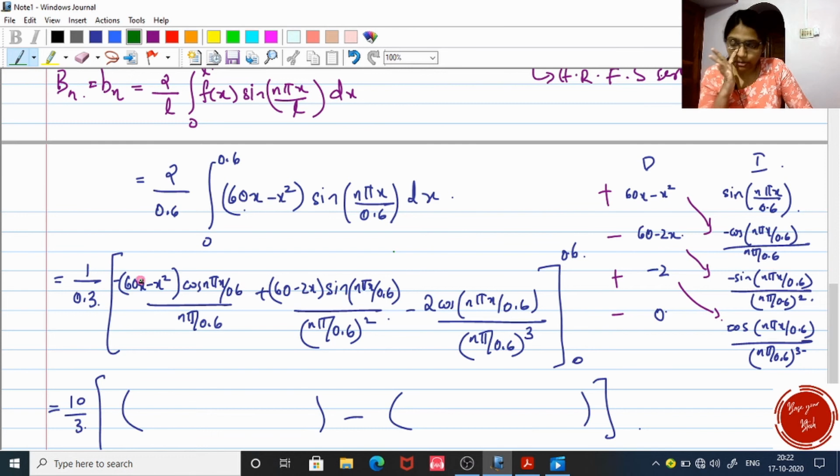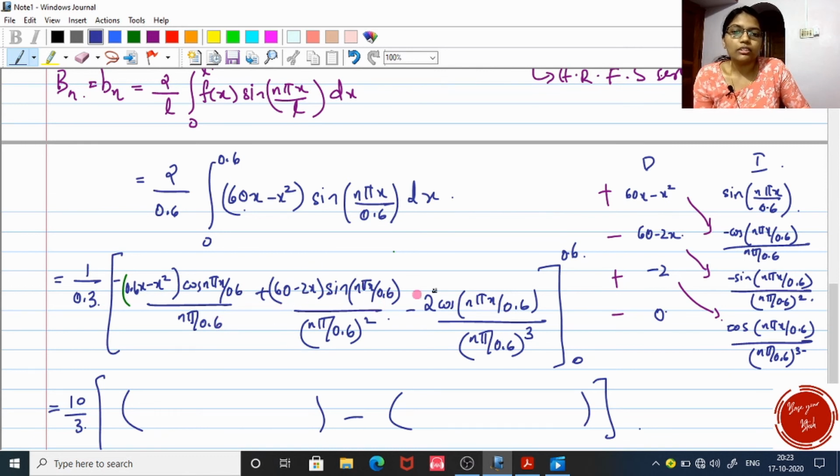But I think we have to write the 60 as 0.6 because in the question it is described in centimeter, isn't it? So let us have it as 0.6x. While substituting the upper limit, this term 0.6 into 0.6, it is 0.6 square minus 0.6 square, it becomes 0.